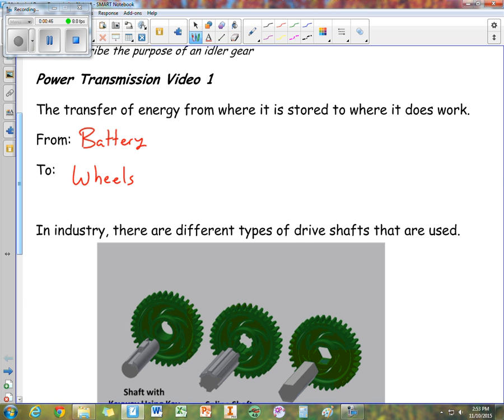And if we think about it, that means that the energy must go through the motor, the gears, and the axles just to get to the wheels. So the energy has to go through several steps just to get from the battery to the wheels.